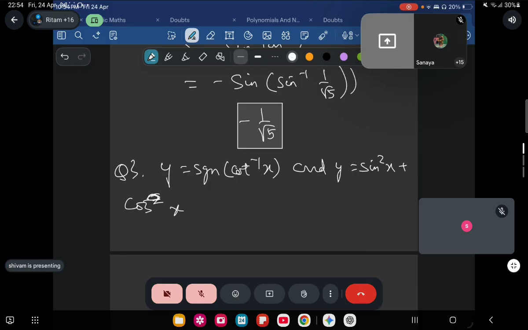If these are identical functions, you have to tell me true or false. Raise your hand.